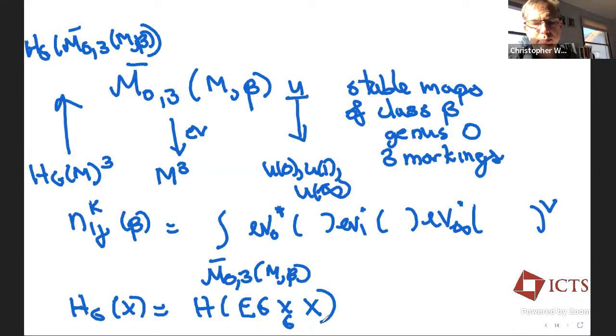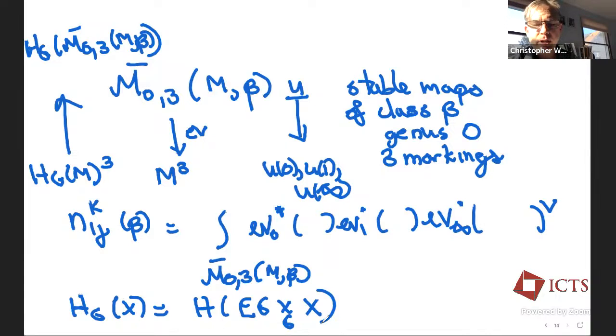The push forwards in equivariant cohomology are more complicated. You're basically working over H of BG everywhere, but then it still makes sense to push forward.